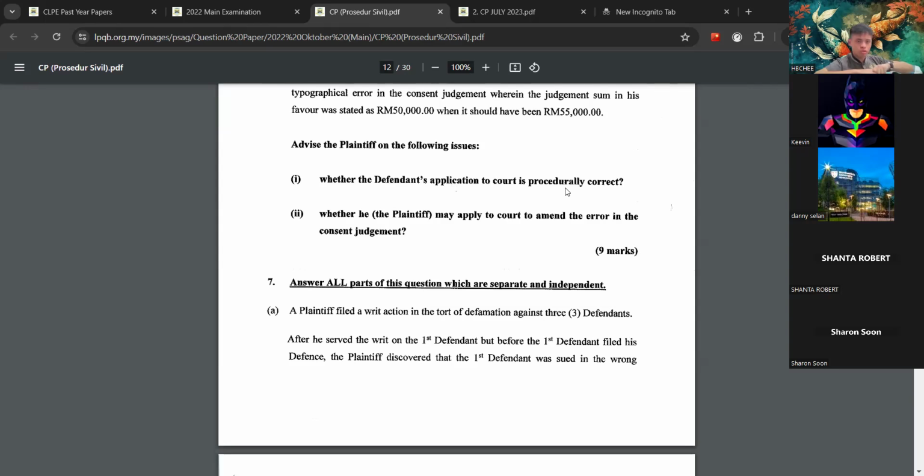is not what usually asked to set aside a consent judgment. Any idea? To set aside the consent judgment law.